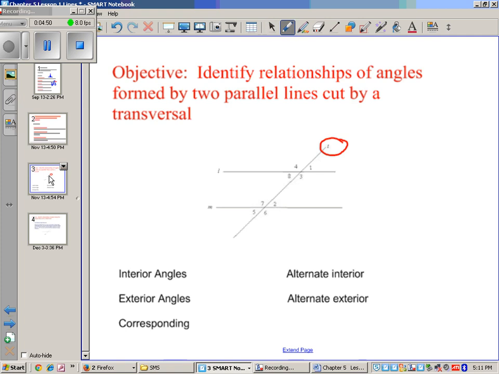Okay, our interior angles are going to be angle 2, angle 3, angle 7, angle 8. So you notice those are on the inside of both of the parallel lines.